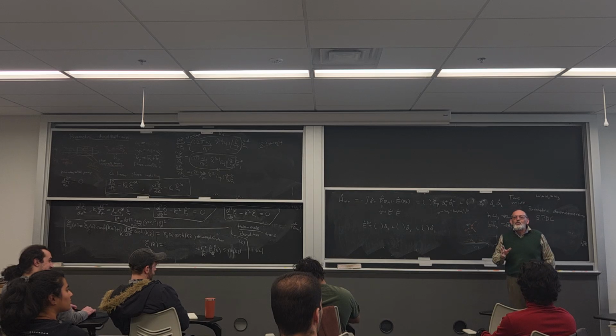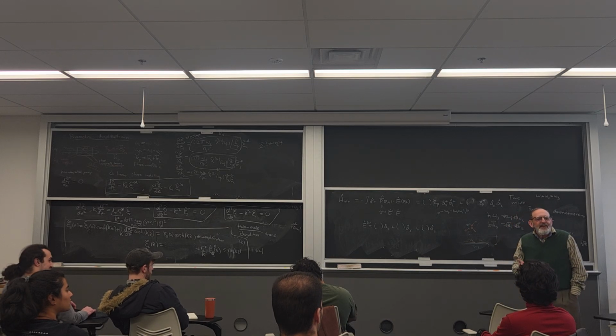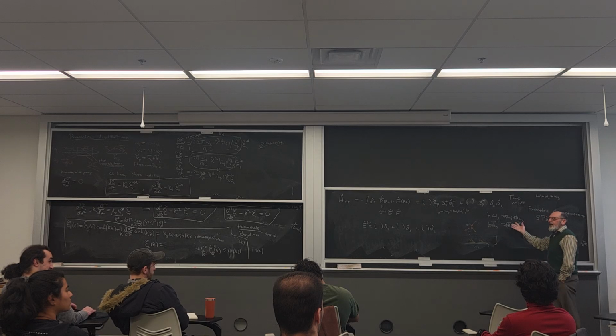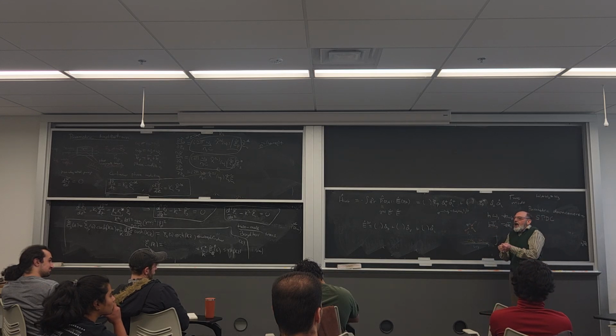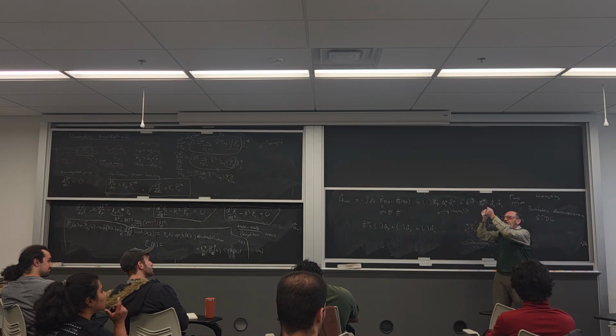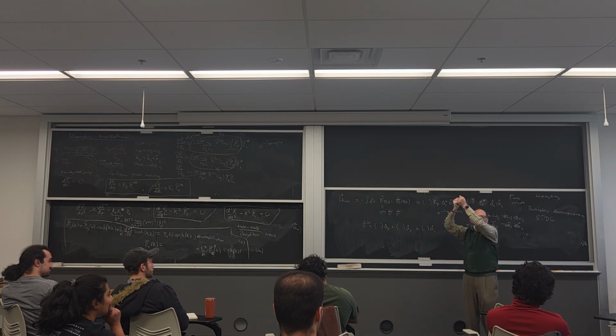So the way that one creates squeezed light is through spontaneous parametric down conversion. And it's intimately related, as we remember, to the fact that squeezed states, when looked at in the Fock basis, are superpositions of even numbers of photons.